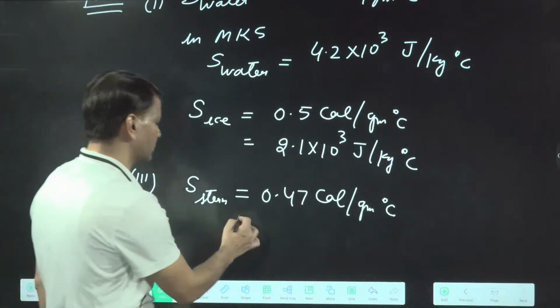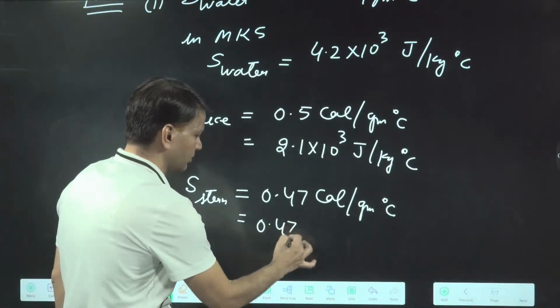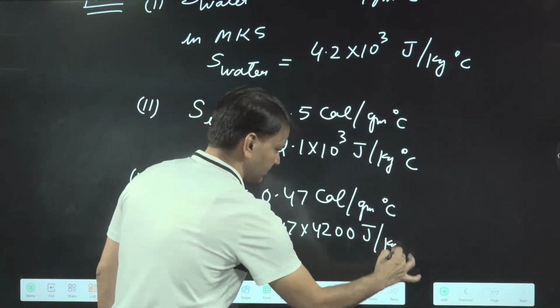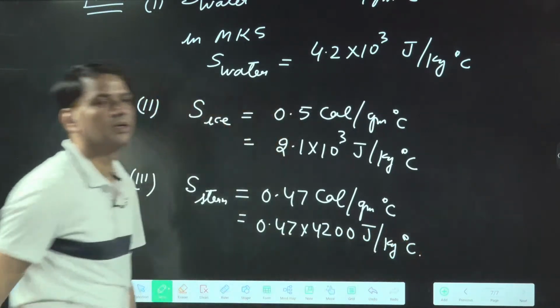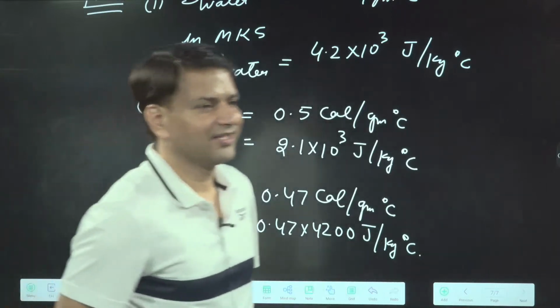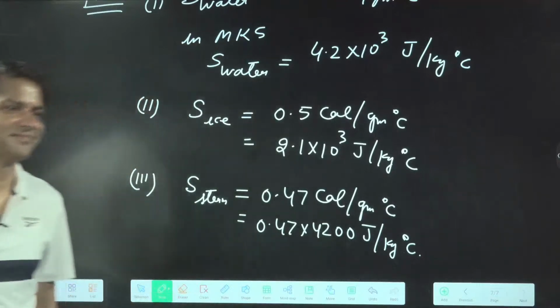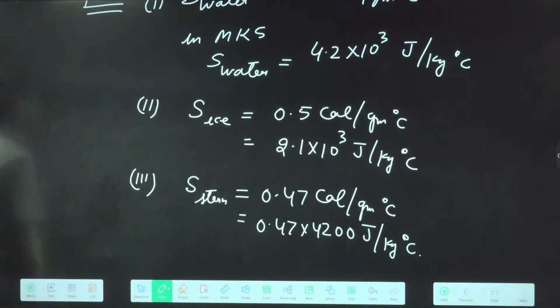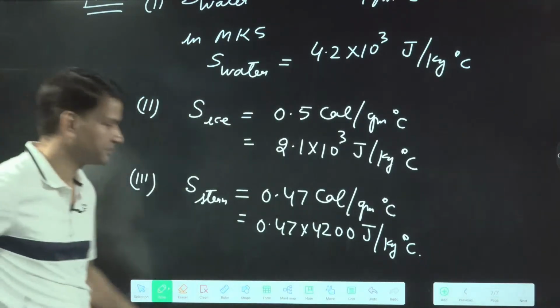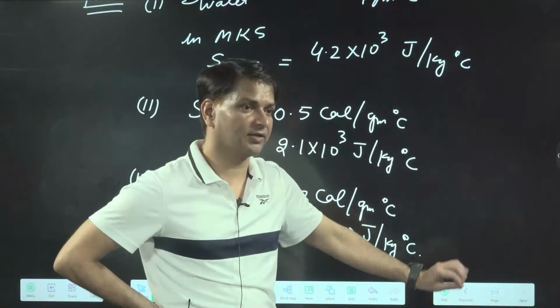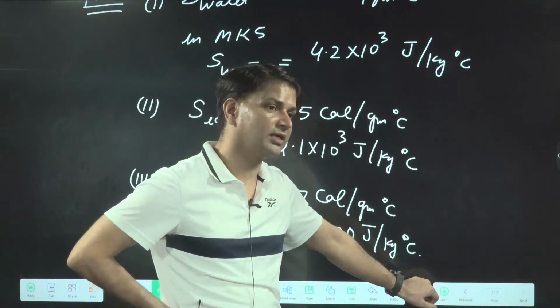So 0.47 into 4200 joule per kg per degree C. So this is about the specific heat and the one formula Q is equal to m s delta theta.